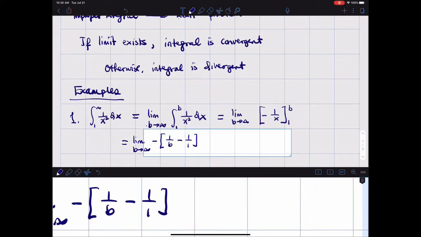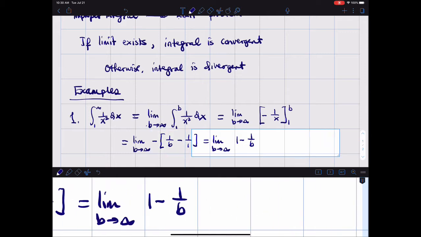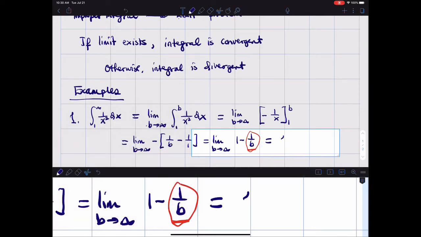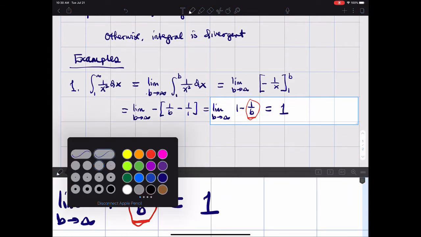So this is the limit as b goes to infinity of 1 minus 1 over b. If we let b go to infinity, 1 over b just goes to 0. So for that reason, this integral is 1, and we say it's convergent.